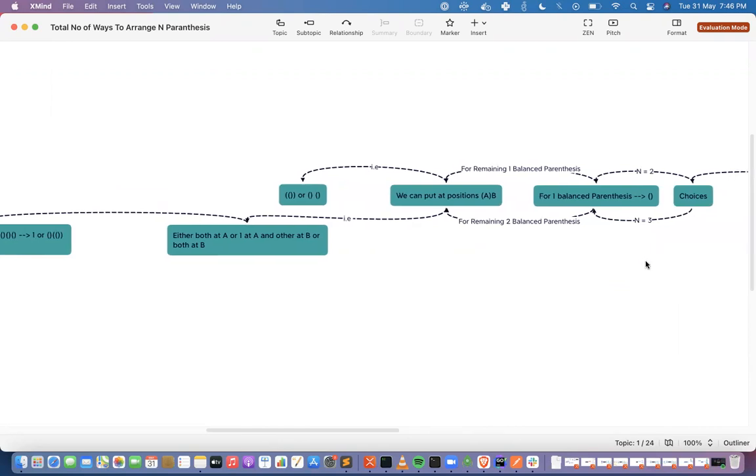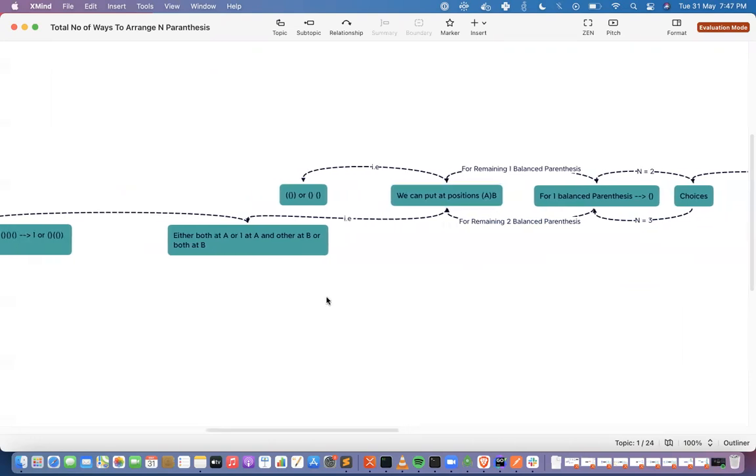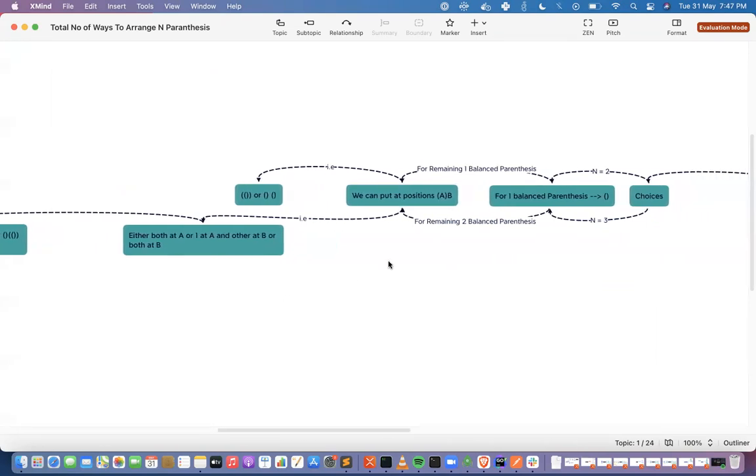Cool. So similarly, for n equals 3, what we can think of is that we have one balance parenthesis, and we place the remaining two balance parentheses either at position A or at position B. Like I told you, we have to place these remaining two balance parentheses.